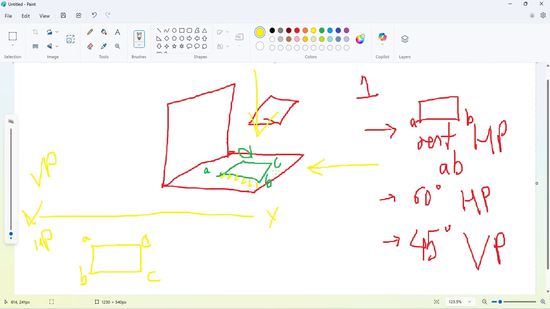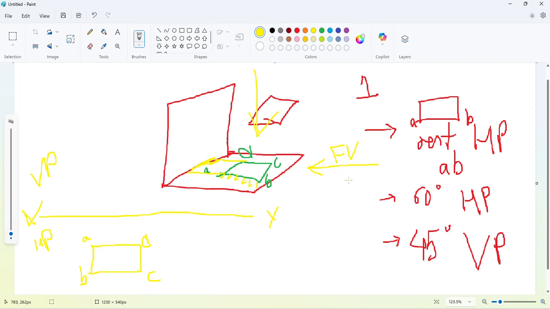From this side, this plane will appear as a straight line on the reference line because it is resting on HP. So here we will have a front view. When we observe this from the front, a straight line will appear on the reference line.